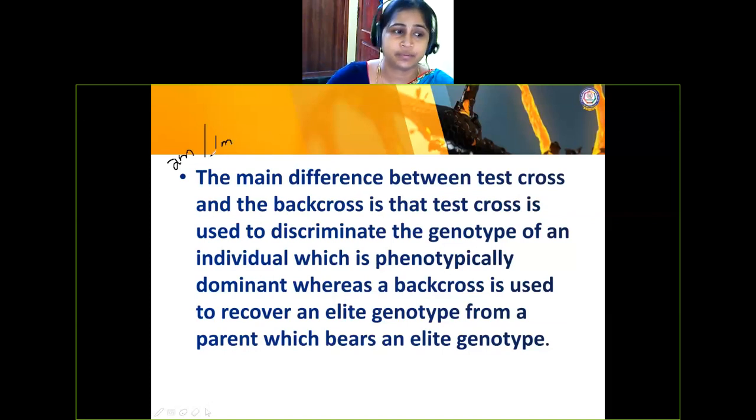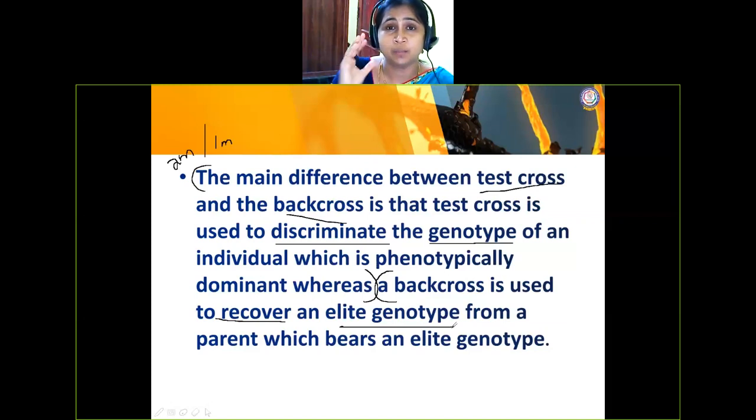The main difference between test cross and the backcross is that the test cross is used to differentiate the genotype of an individual which is phenotypically dominant, whereas a backcross is used to recover an allied genotype, an allied variety, most preferably dominant, I said, from a parent which bears an allied genotype, right? So I will explain you with an example. Just check, and I want everyone to make a note of it.